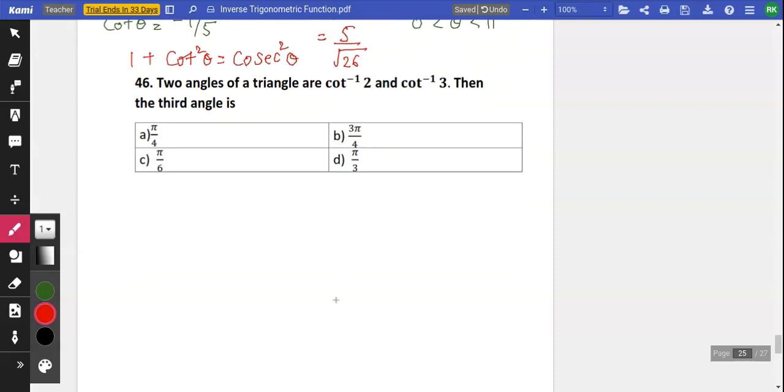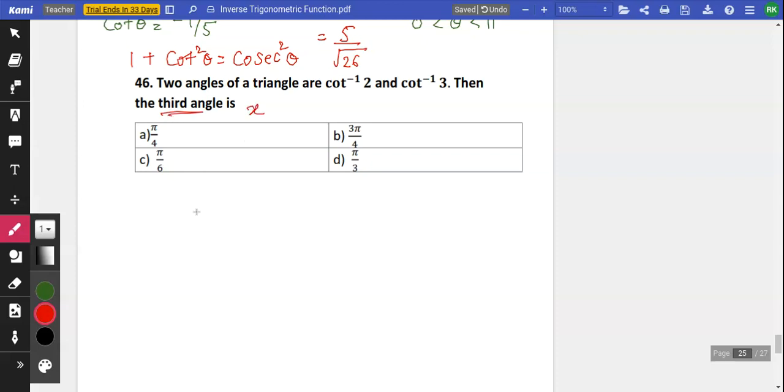Two angles of a triangle are cot inverse 2 and cot inverse 3. Find the third angle. Basically the sum of the angles of a triangle is 180 degrees. Let us suppose the third angle is x.